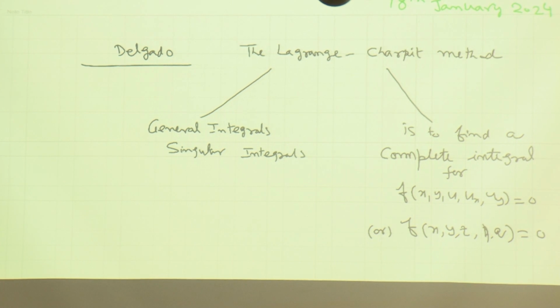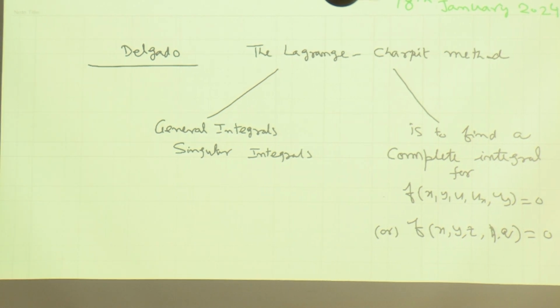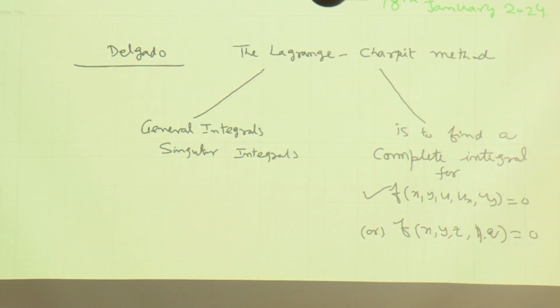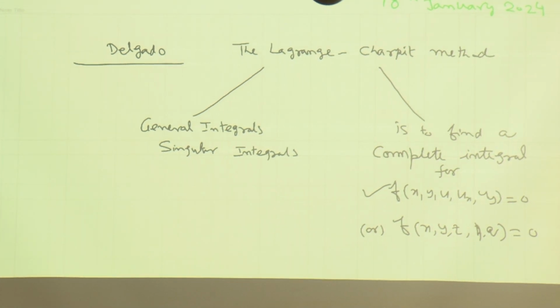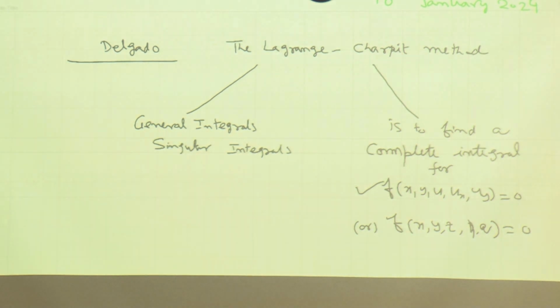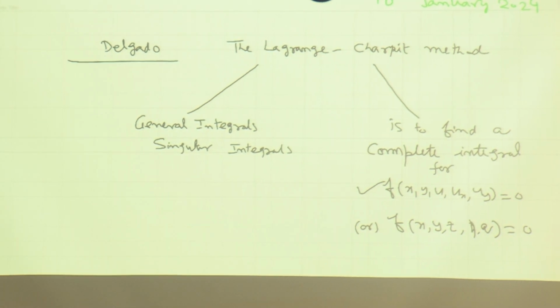Both are standard notations, though I would actually prefer the first because an equation should have the unknown part, right? Here in the second equation, it is F(x, y, z, p, q) equal to 0. So it's not clear what is known, what is unknown, right?